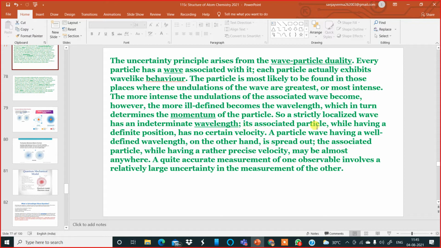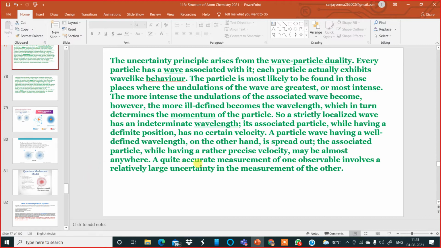Its associated particle, while having a definite position, has no certain velocity. A particle wave having a well-defined wavelength, on the other hand, is spread out. The associated particle, while having a rather precise velocity, may be almost anywhere. So the particle having a very accurate velocity may be anywhere. We cannot get the position exactly if we know the velocity.